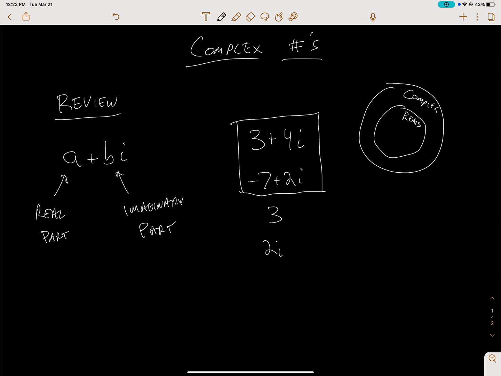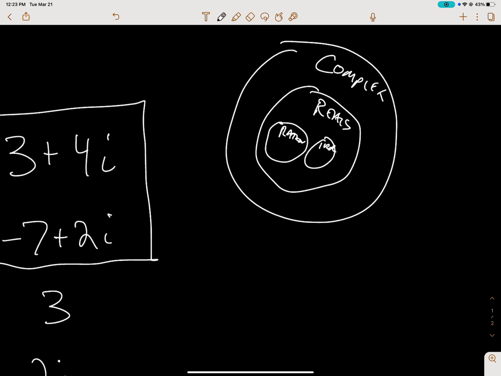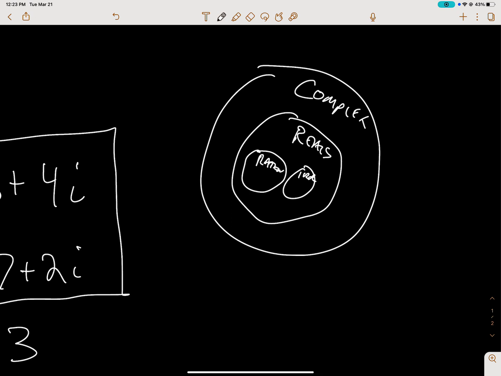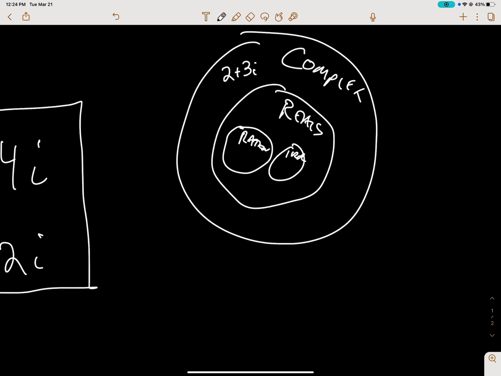Inside of reals, we would have rational and irrational, which is one way to break it down. I know it's hard to see that, but complex numbers that are not real numbers are like 2 plus 3i. Then you have real numbers that are like 4 or square root of 7. Sorry, I said 4 and I wrote 3. 4 and square root of 7.